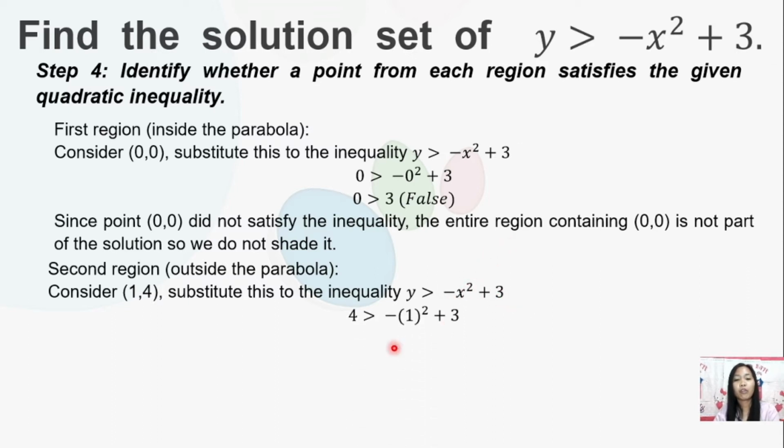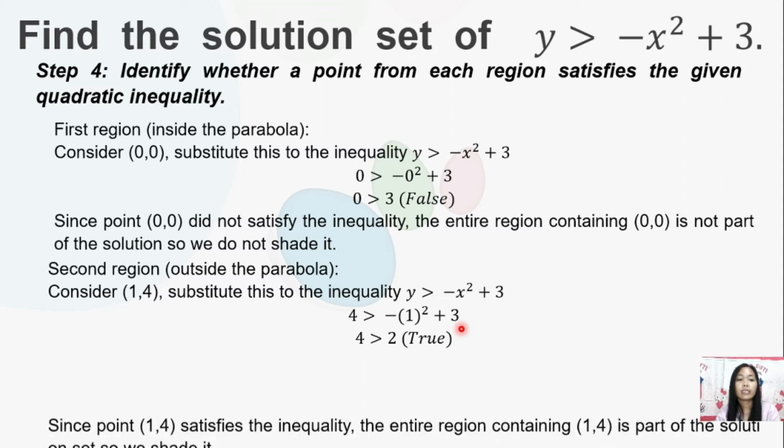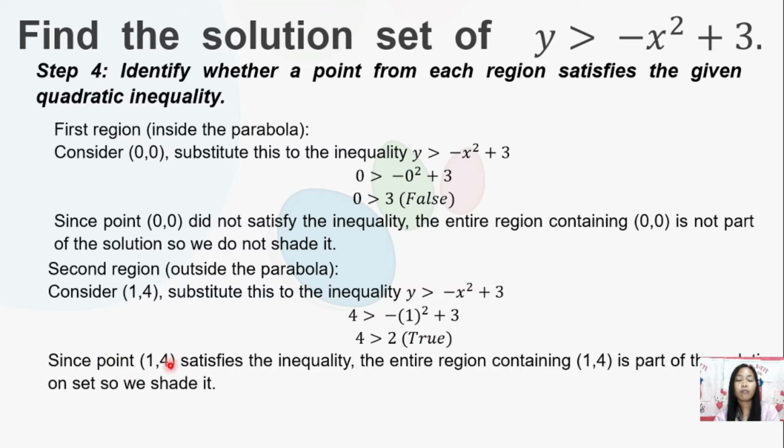Therefore, we have 4 is greater than negative 1 squared plus 3, giving us 4 is greater than 2, which is a true mathematical statement. Since point (1, 4) satisfies the inequality, the entire region containing (1, 4), that is the region outside the parabola, is part of the solution set, so we shade it.